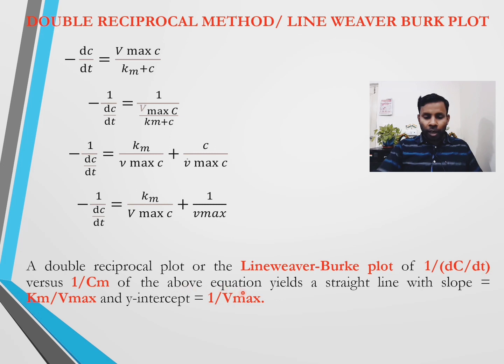So from this y intercept we will get Vmax, and if we substitute this value in the slope we will get Km. Thus by using the Lineweaver-Burk plot method or double reciprocal method we can also get Km and Vmax.